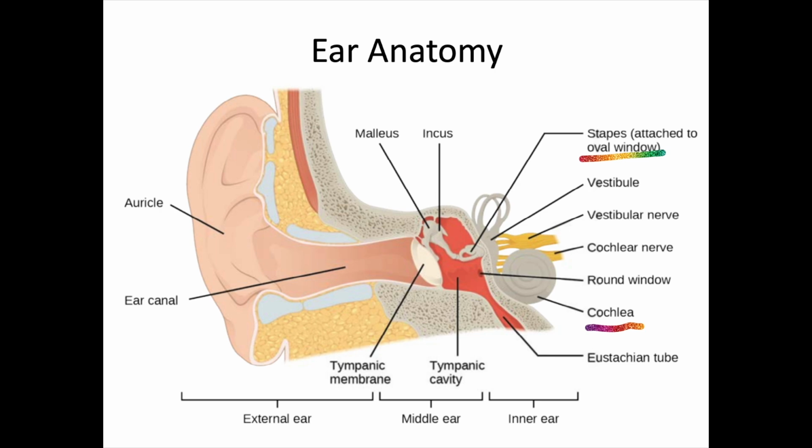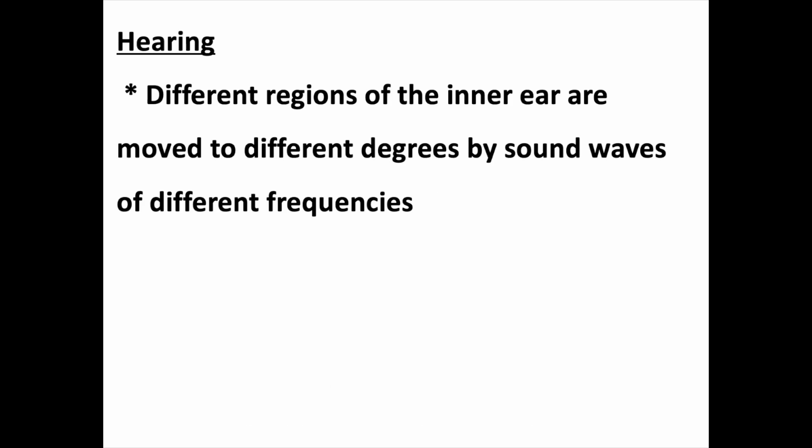They're not all stimulated by every single sound wave. Different regions of this inner ear are moved to different degrees by sound waves of different frequencies. So that is what allows us to perceive different types of sound waves instead of just noise, not noise.